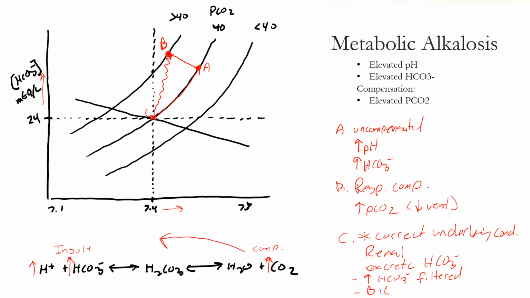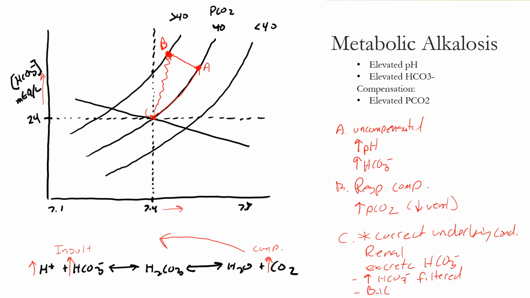I'm going to put IC here, beta intercalated cells. We talked about alpha, but beta intercalated cells are basically the opposite of alpha intercalated cells. The job of the alpha intercalated cell is to secrete protons and reabsorb bicarb. Beta intercalated cells have the opposite polarity in the collecting ducts.